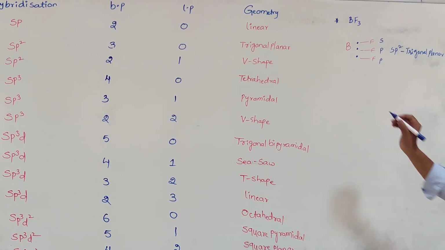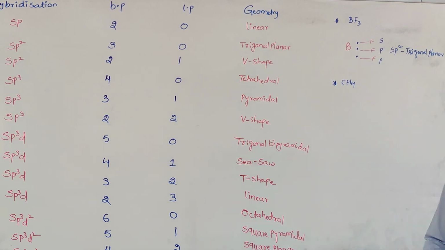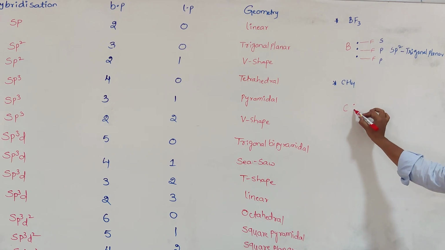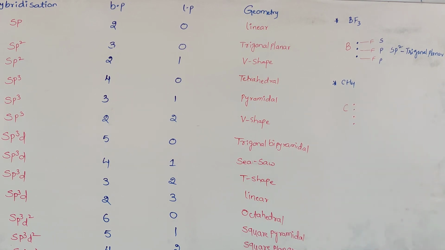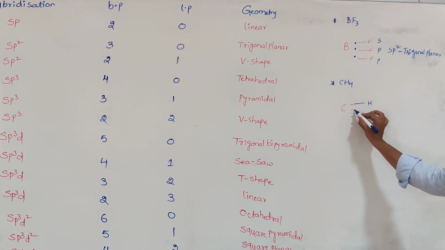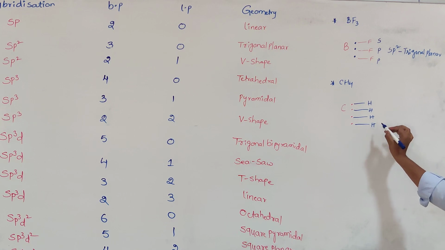Another good example is the CH4 molecule. You know that carbon has 4 valency electrons. Each hydrogen atom can form 1 bond. Let us start.